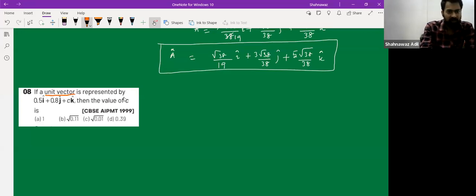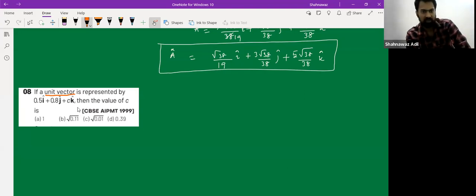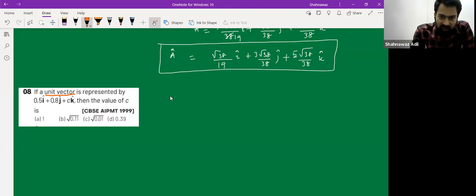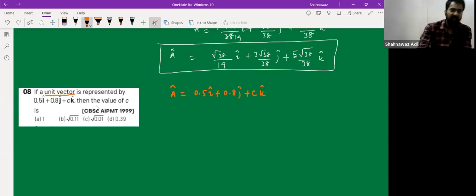A unit vector is represented by a hat, which is defined like 0.5 i plus 0.8 j plus ck, and they want us to calculate the value of c.